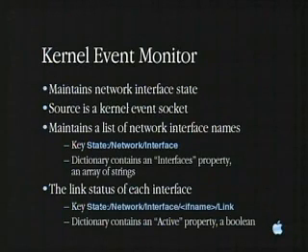So as I mentioned before, it maintains the network interface state, and it manages the kernel event socket. It maintains a list of network interface names in a key that's encoded as state:network interface. That's actually a dictionary that contains an interfaces array that contains the name of each interface that's defined in the system. So if you want to know if an interface has been added to the system, you would receive notifications on that key. The other thing that it maintains currently is the link status of each interface.